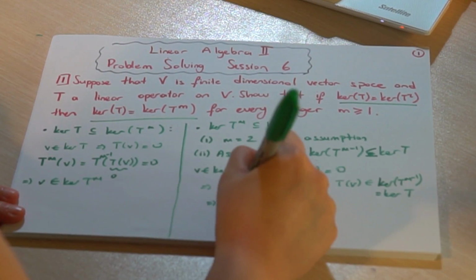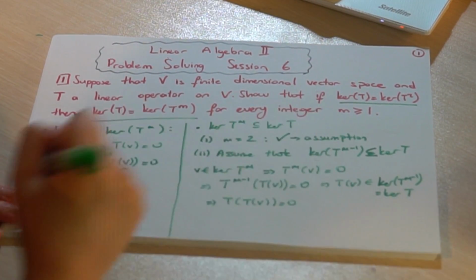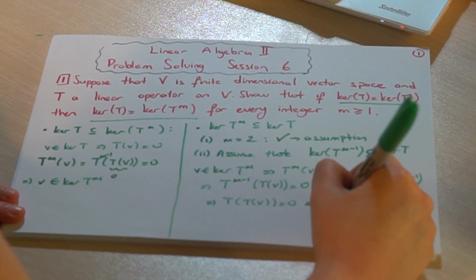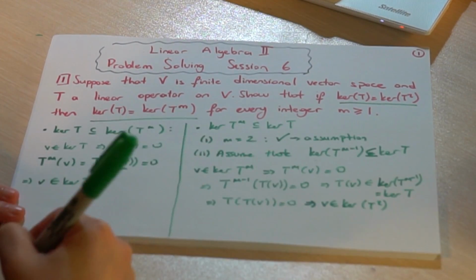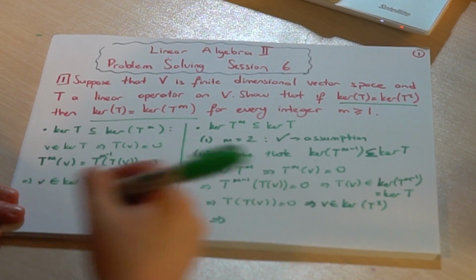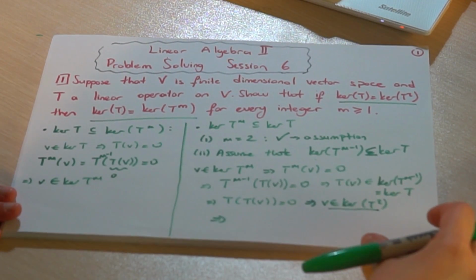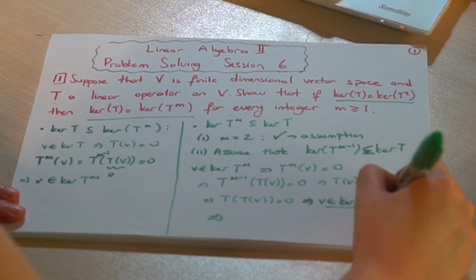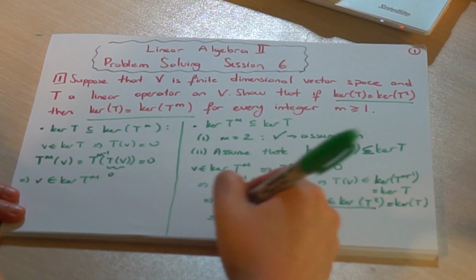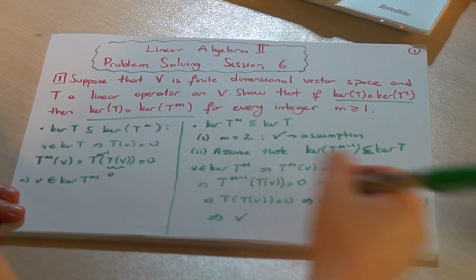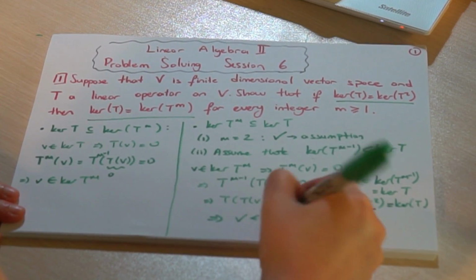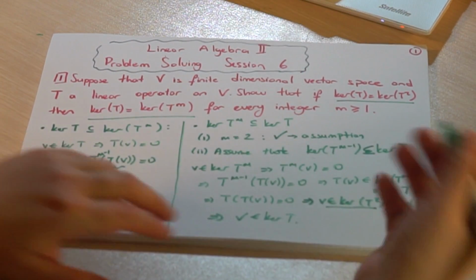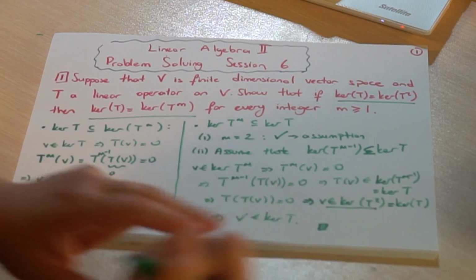So T of TV is equal to 0, right? So this implies that V is in the kernel T square. Because of our assumption, we know that this one is equal to kernel T. So this gives us V is in the kernel T. So kernel T to the m minus 1 is under kernel T. So this completes the proof.